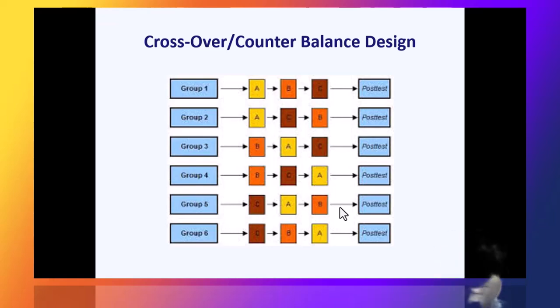So group one will be pre-tested, and they will get the first teaching strategy, then be post-tested. After a while, they will be taught with another teaching strategy B, post-tested, taught with teaching strategy C, post-tested, then wait for a while and do a general post-test. Group two reverses it.